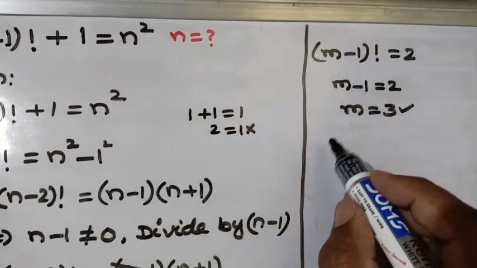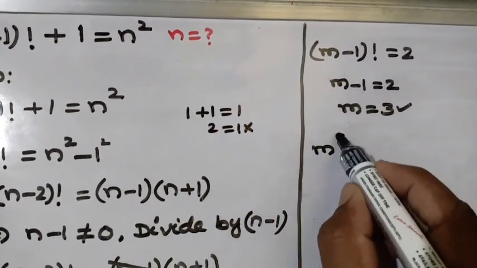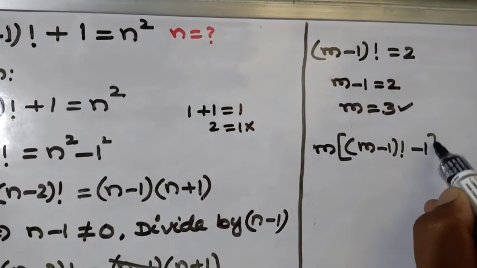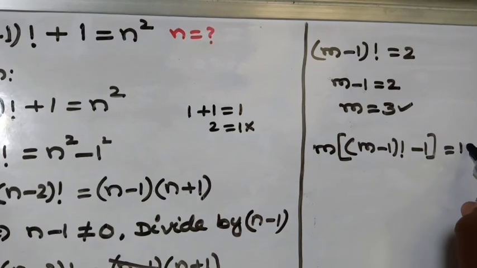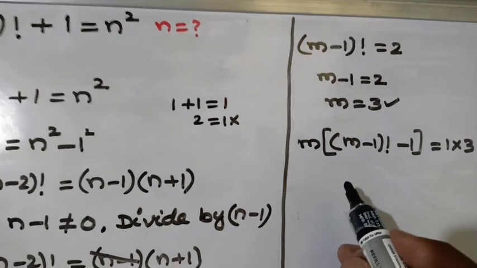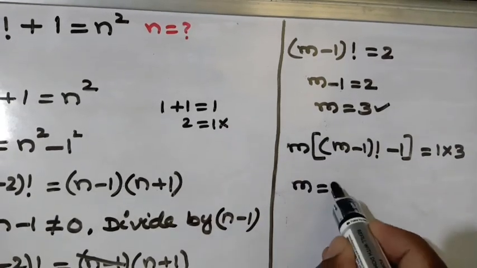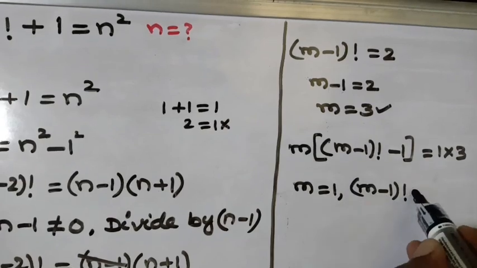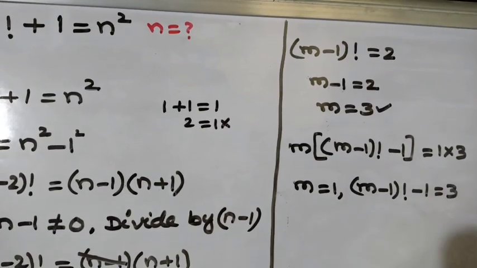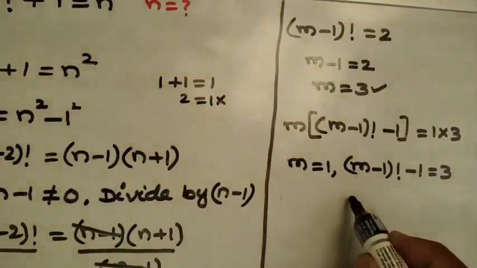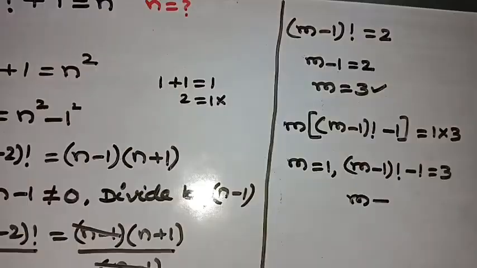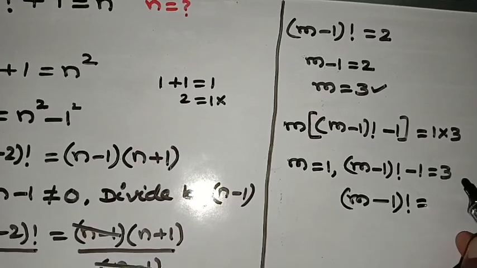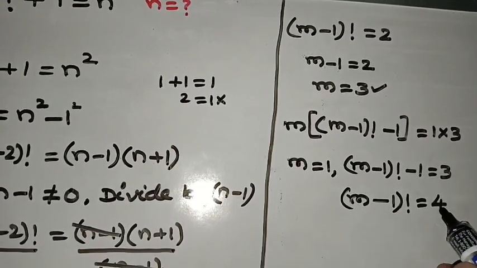And if I take m times ((m − 1)! − 1) = 1 into 3, and I treat m is equal to 1, what can I get for this? (m − 1)! − 1 is equal to 3, that I have to check. (m − 1)! is equal to 3 plus 1, 4.